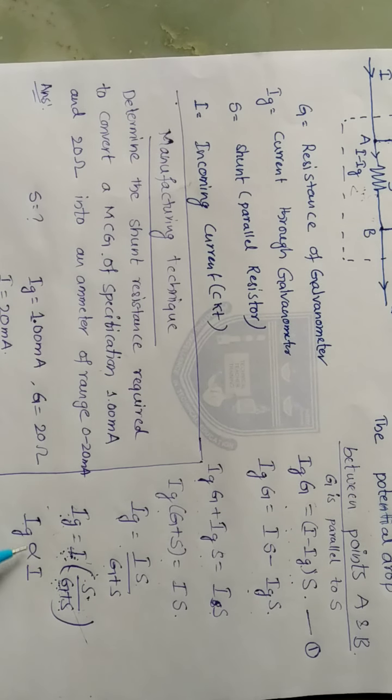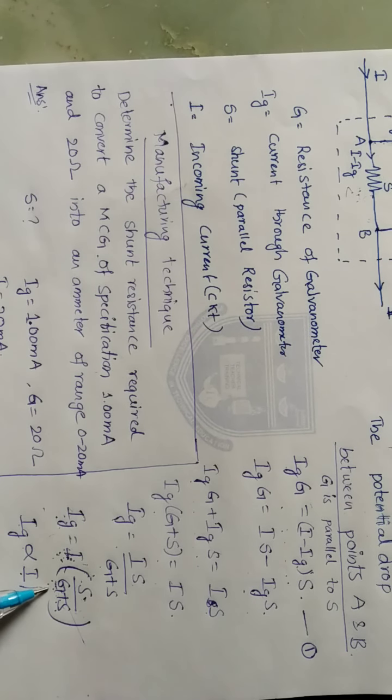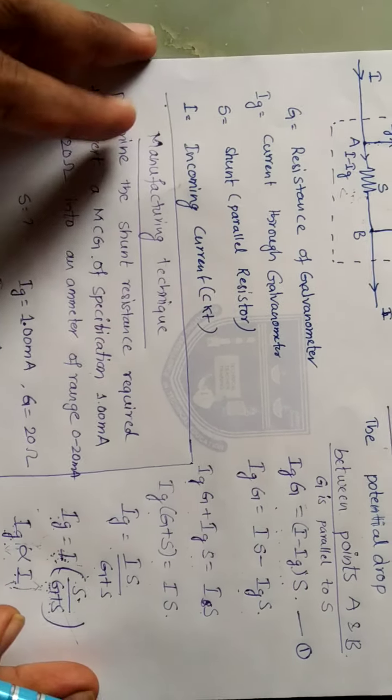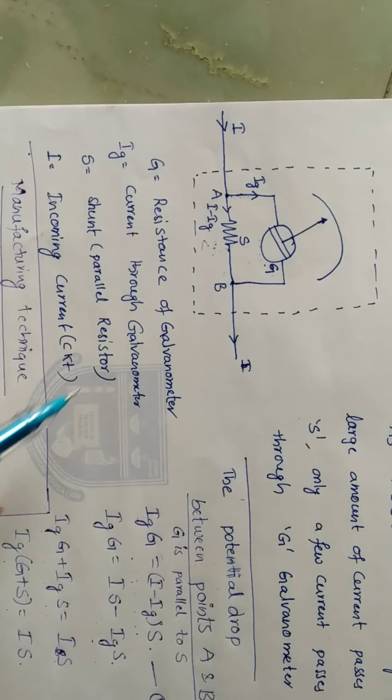So we say that Ig is proportional to the incoming current I. If you increase the incoming current, Ig also increases; if you decrease it, Ig also decreases. We made the galvanometer able to measure a large amount of current while allowing only a small current through it.